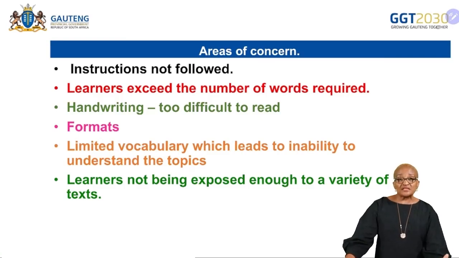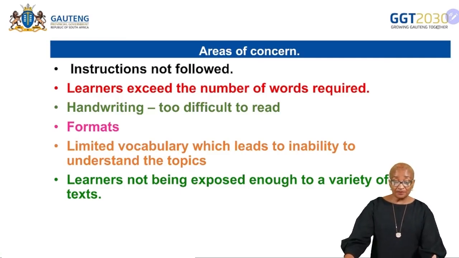For you to get any writing right, you need to practice and practice and practice. You need to be exposed enough to a variety of text. That would enable you to master the text. That is also a serious concern because most of you seem not to be exposed to a variety of text.